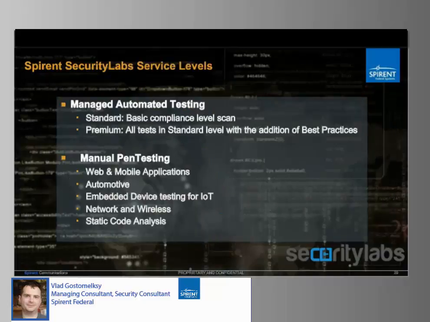Another service we provide is managed automated testing. This is important for certain compliance standards, such as PCI compliance, as well as certain portions of the HIPAA standard. What that means is we conduct certain scanning and testing on the organization's behalf.